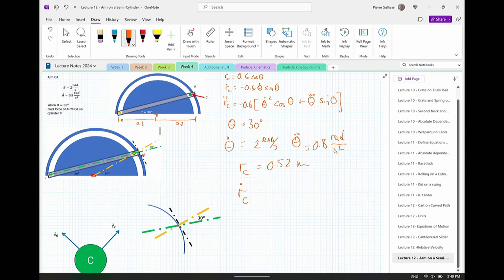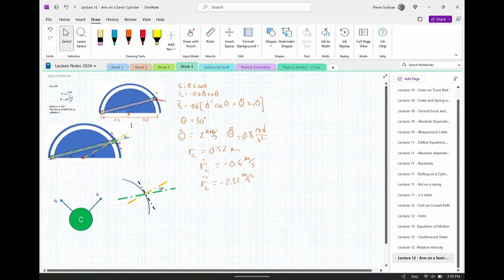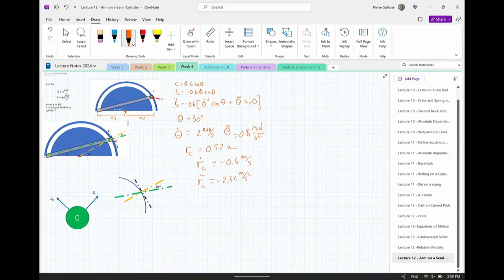R dot C is minus 0.6 meters per second, and r double dot C is minus 2.32 meters per second squared. Okay, so I have all of that.